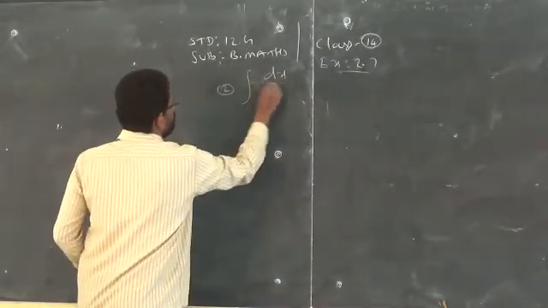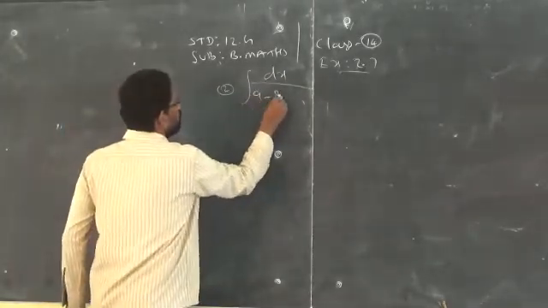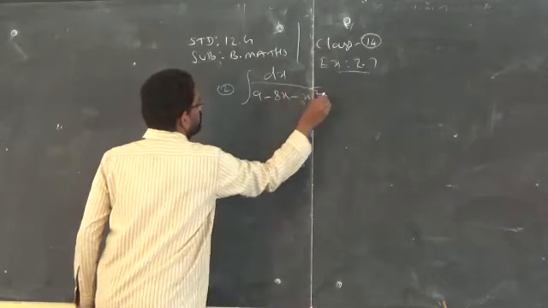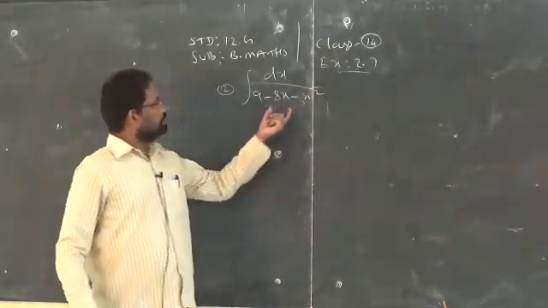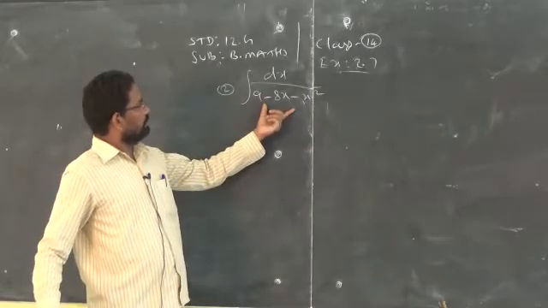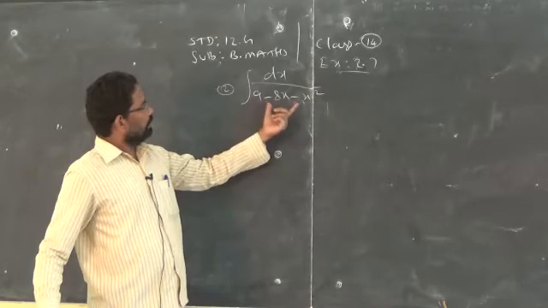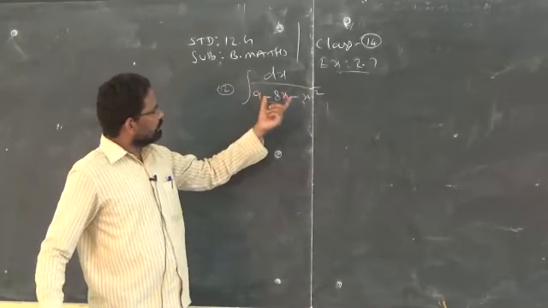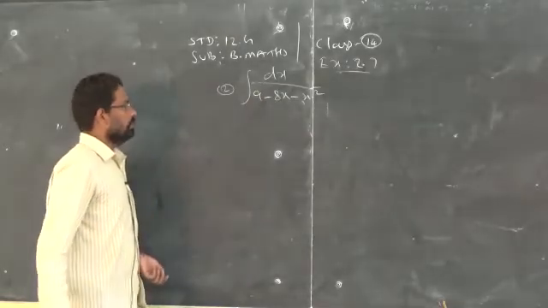Now sum number 2, integration dx by 9 minus 8x minus x square. So this, you cannot separate with respect to the denominator, and you cannot apply the substitution method or the logarithmic method. So what is one more method? Partial fractions.